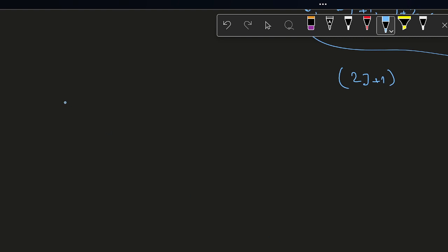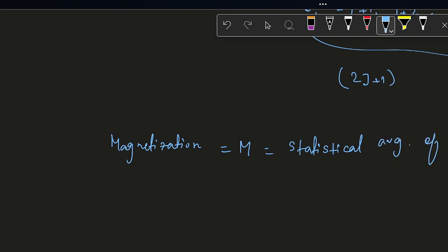And when you are asked to take the total magnetization, so magnetization is your capital M, you have to take the statistical average of the individual atomic dipole moments. So you know the idea of statistical average.